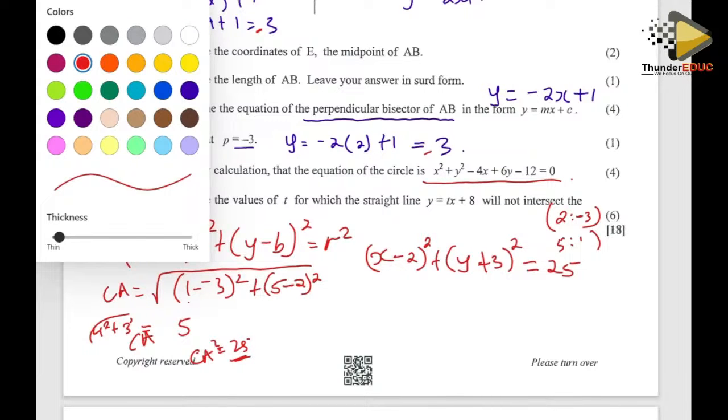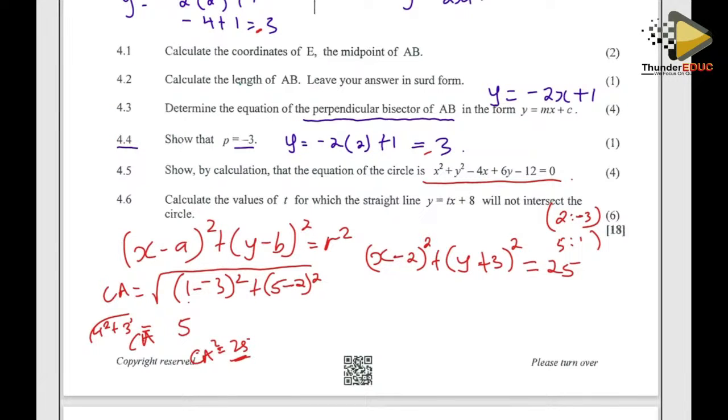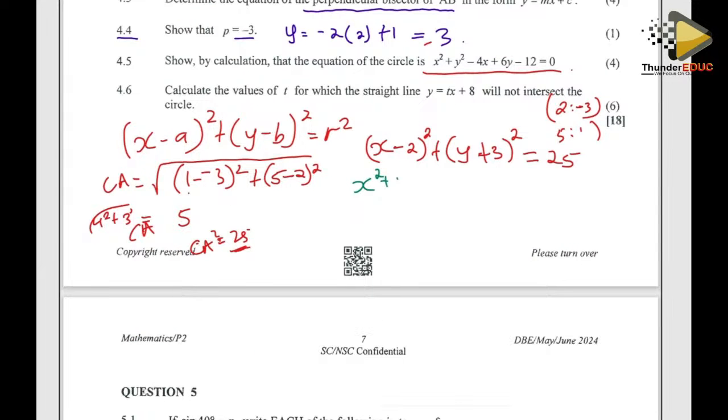Open this up. I expand. So that's going to be x squared. Plus, not a plus, it's a minus, since we have a negative there. So that's negative 4x plus a 4. And then plus y squared plus 6y plus 9.